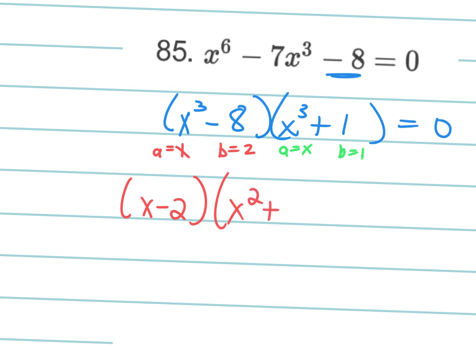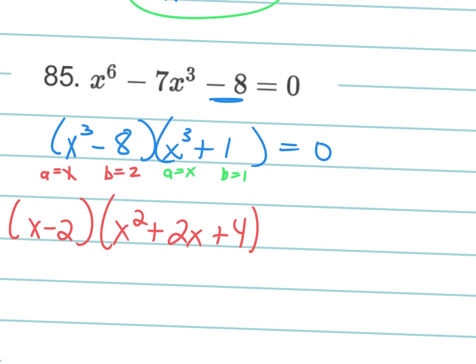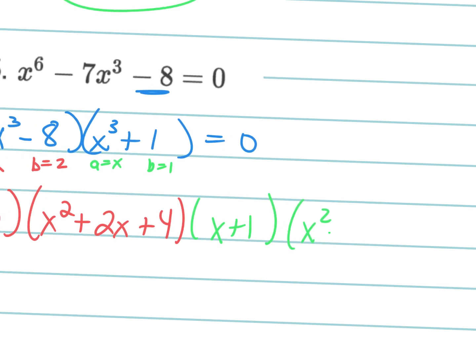I'm going to add A times B, so 2x, and then I square the last term, so it's going to be plus 4. My second pattern is going to be x plus 1. Then I'm going to square the first term, subtract A times B, and then I'm going to square the last term, all set equal to 0.